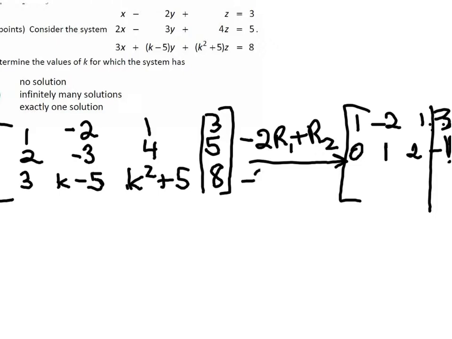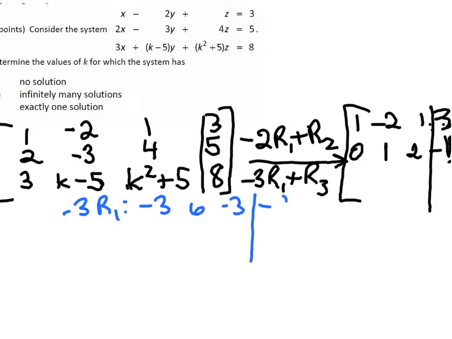So I would do negative 3 times row 1 and add that to row 3. And so the arithmetic gets a little tougher here since we have these expressions of k in row 3. So I'm going to write out scratch work for this operation over here. So negative 3 times row 1 would be negative 3, and then positive 6, negative 3, and negative 9.